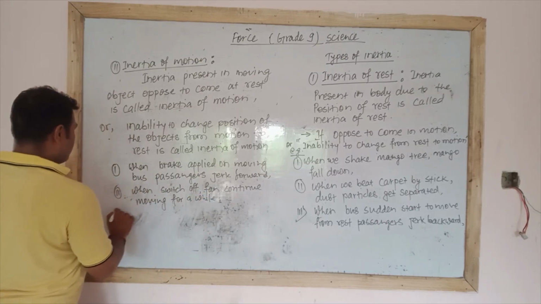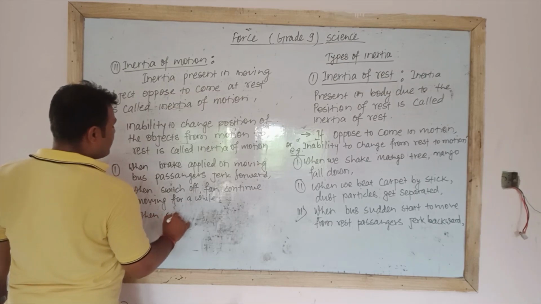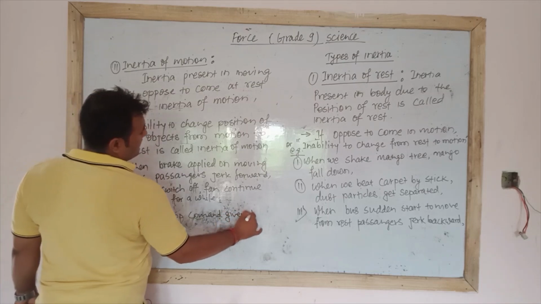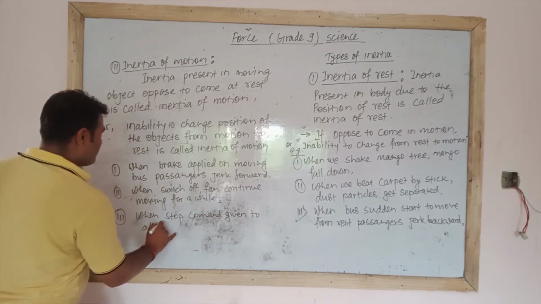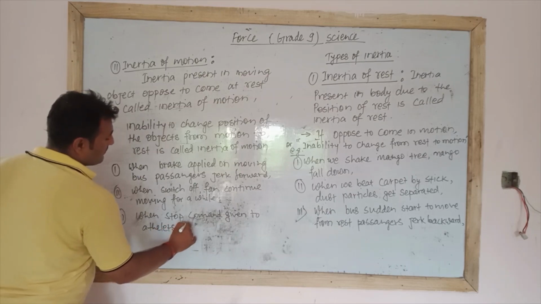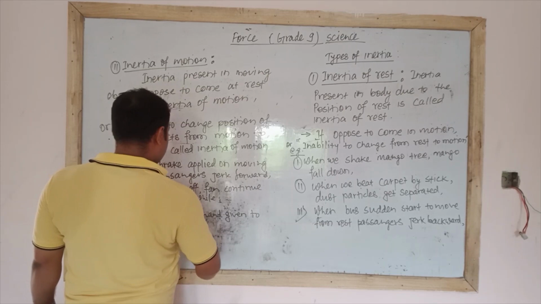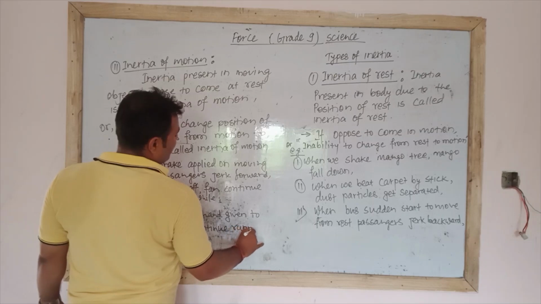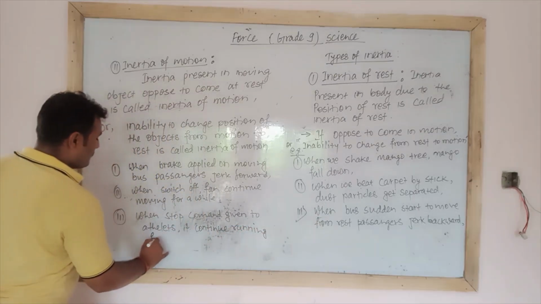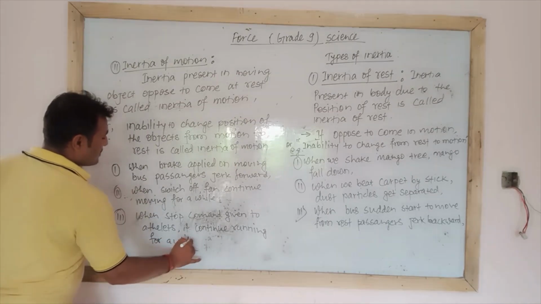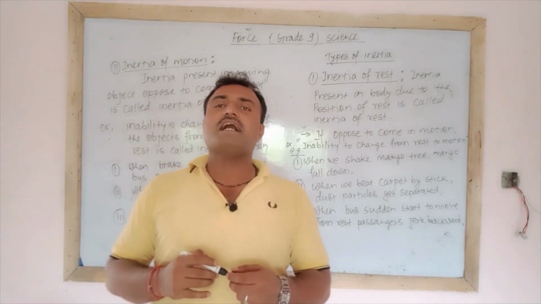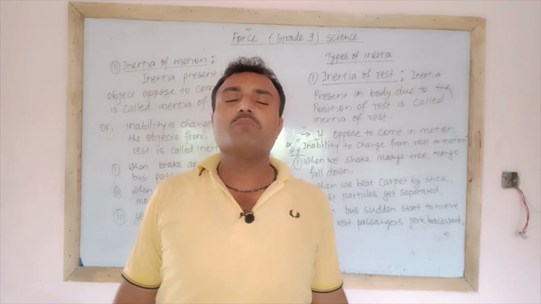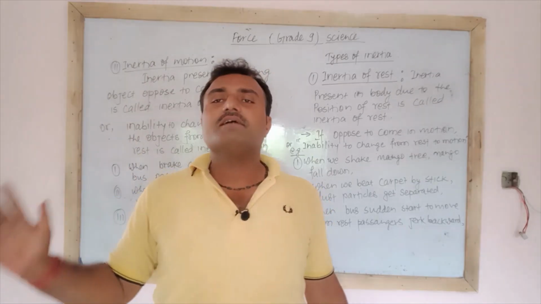Or when the stop command is given to athletes, they continue running for a while, or suddenly they can't stop. Athletes can't stop their bodies. Why? Because when running, inertia of motion is present in the body, which opposes directly coming to rest.